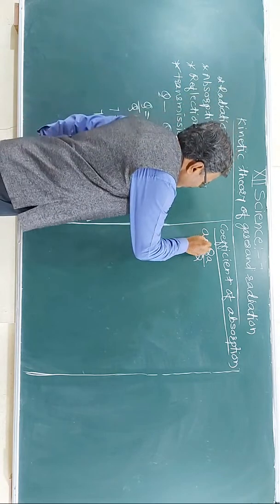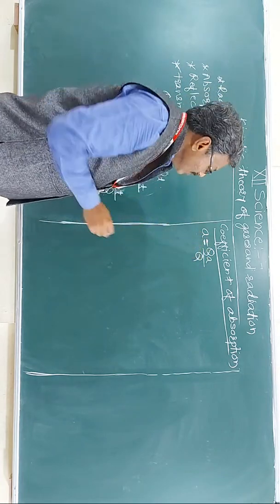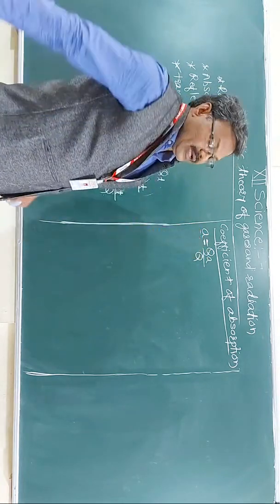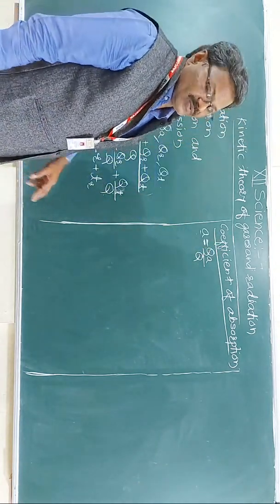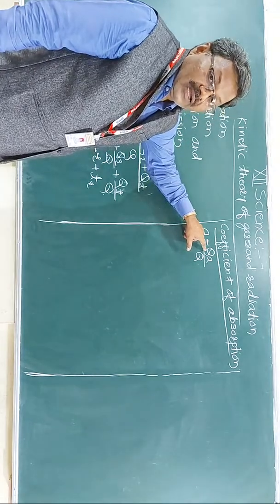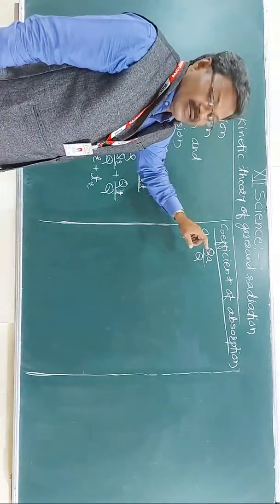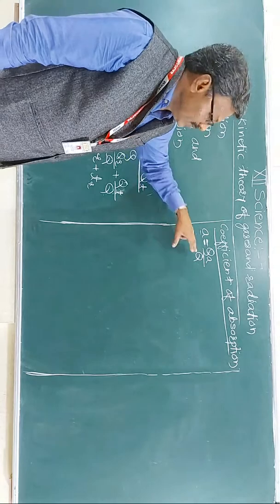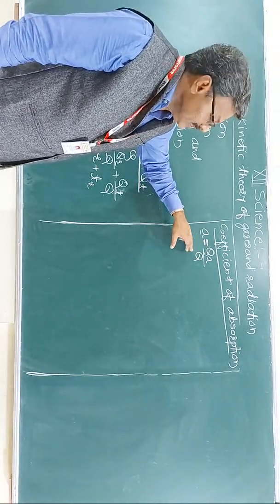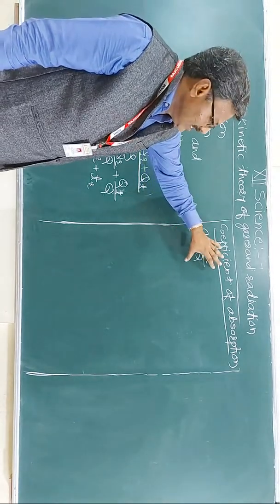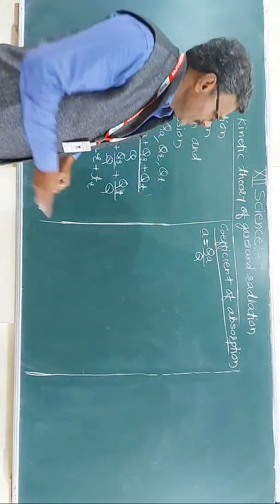It is equal to QA/Q, which is a. How do we define the coefficient of absorption? It is the ratio of radiant heat absorbed by the body to the radiant heat incident on the body.